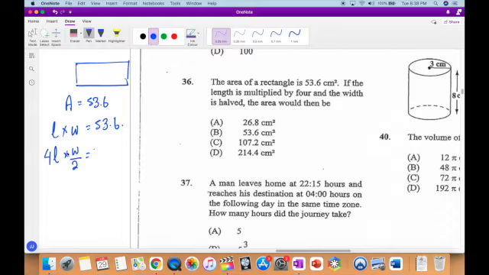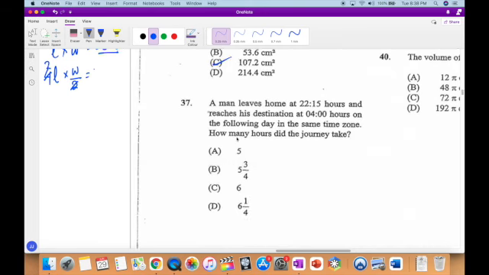So this is a multiplication sign, so that means that this 2 could go into this 4 too. So that means that I'll have to double this in order to even off the equation. So that means it'll be 53.6 multiplied by 2, and the answer is 107.2.